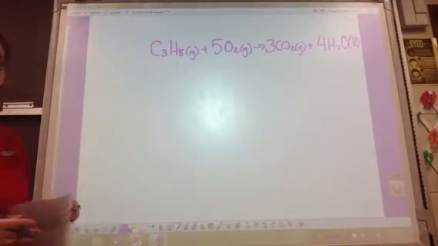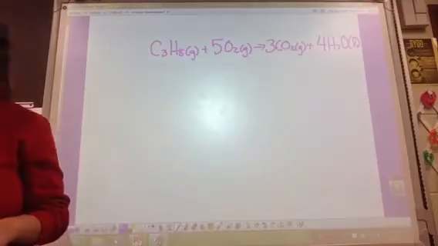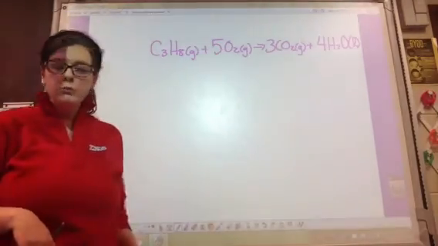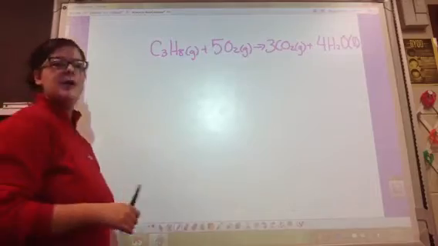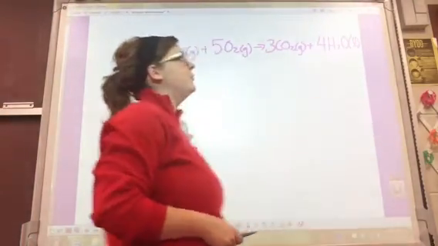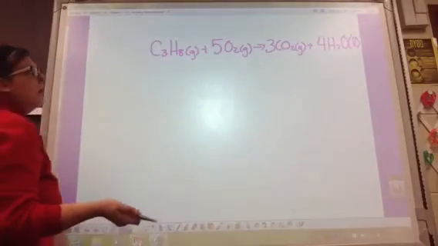So if I look in Appendix C, I'm going to look up C3H8, I'm going to look up O2, I'm going to look up the standard enthalpy of formation for CO2 and the standard enthalpy of formation of H2O.